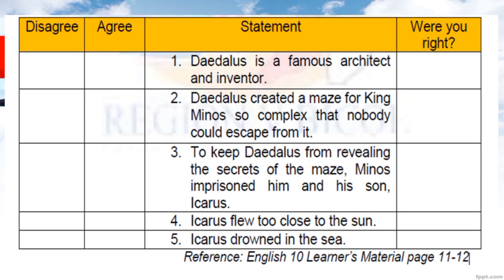These are the instructions. Before reading the story entitled Daedalus and Icarus, you are going to read the following statements in the table and check the column that corresponds to your answer. And after reading the story, review your answers and write in the last column whether you were right or wrong. Ladies and gentlemen, break a leg.